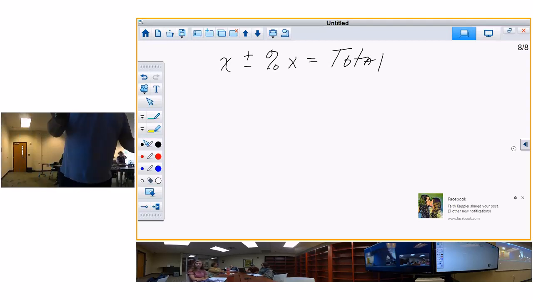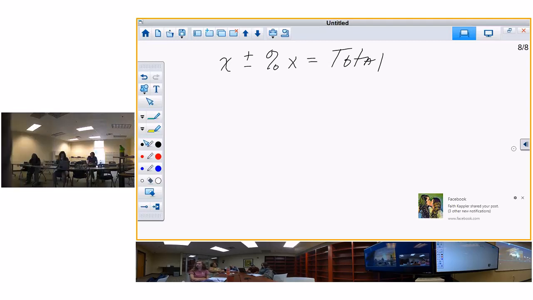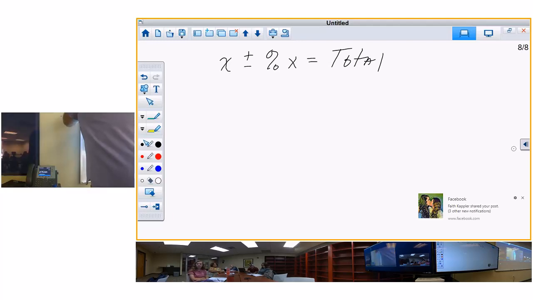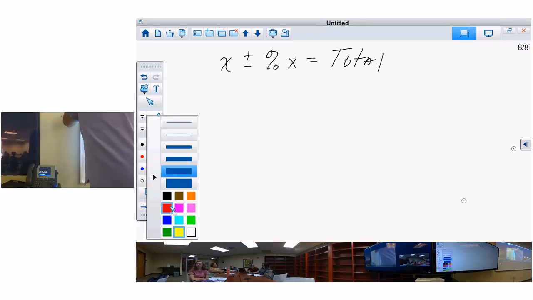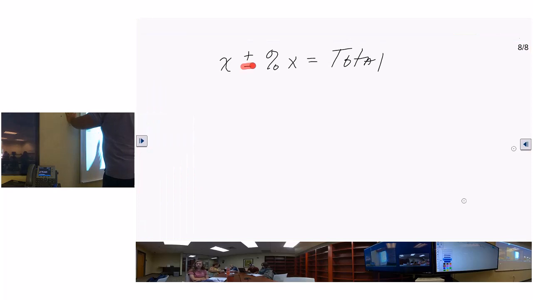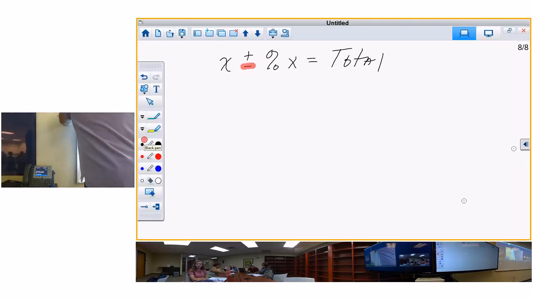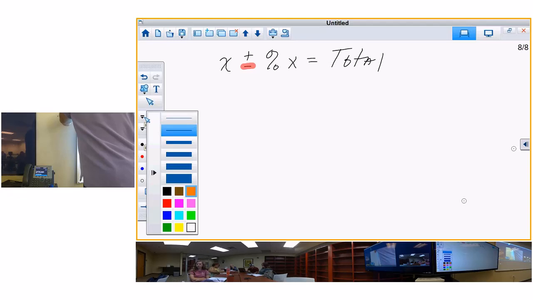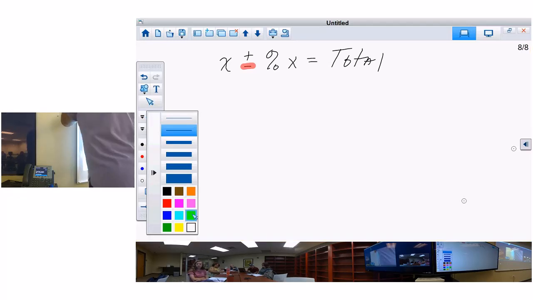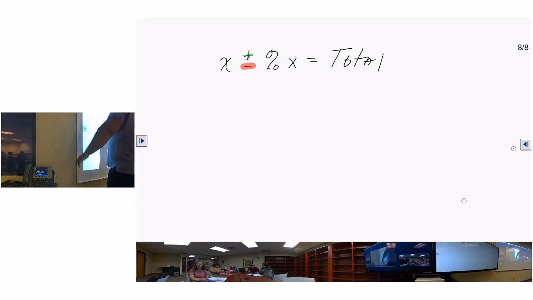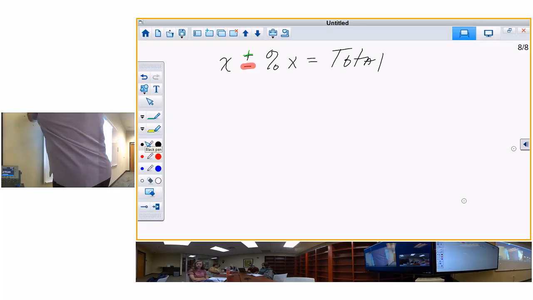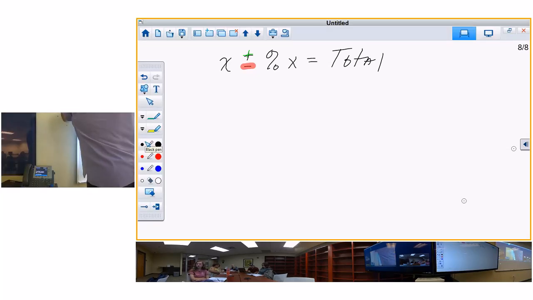Red is bad. So I'm going to take a red, and you know I don't use red very much. And I'm going to use green. Y'all said black. I can't use black, so I'm going to have to use green. By the end of the day, my brain is about mush.